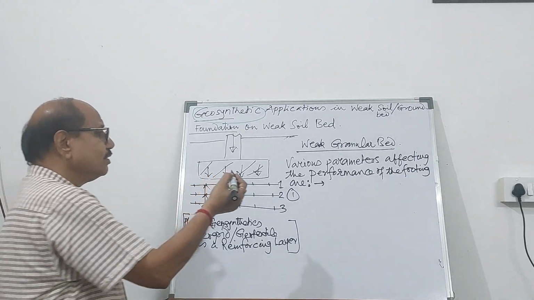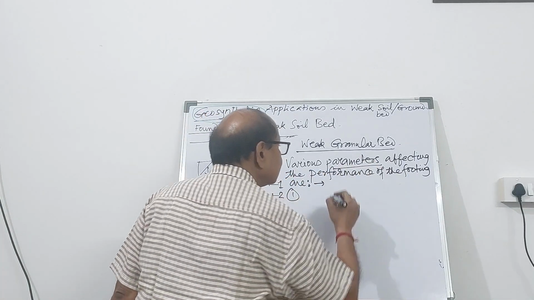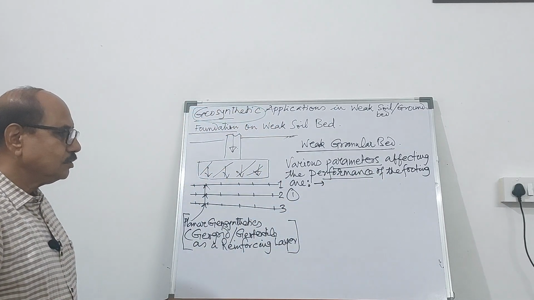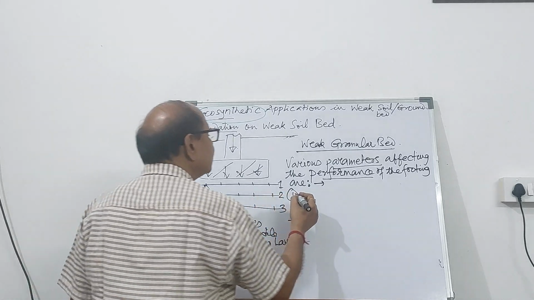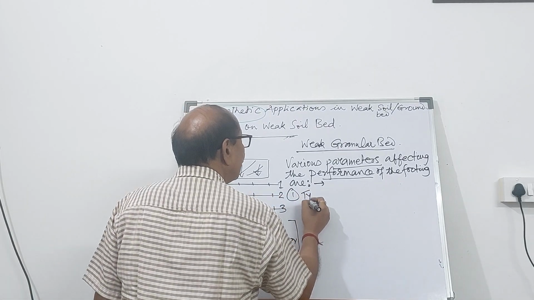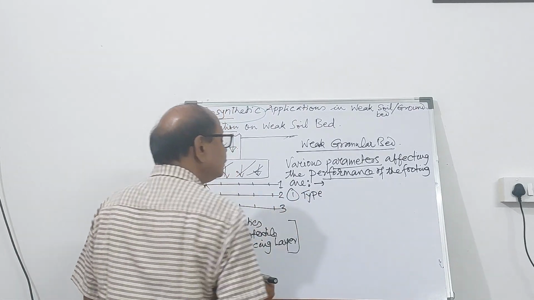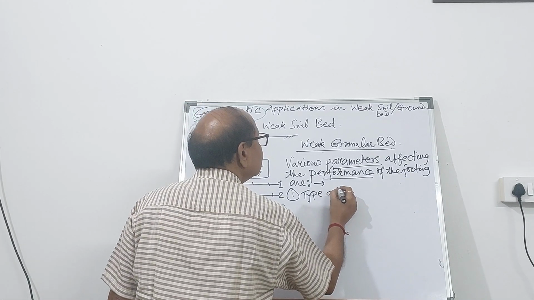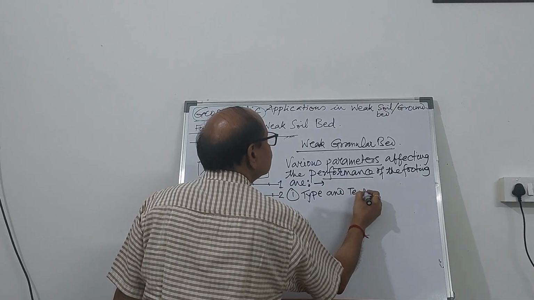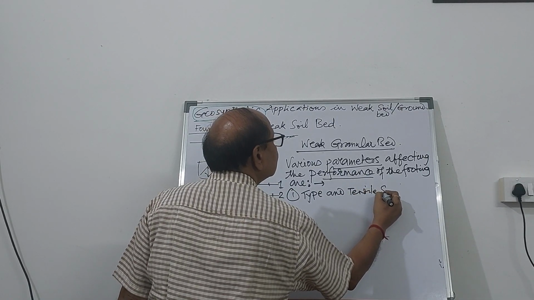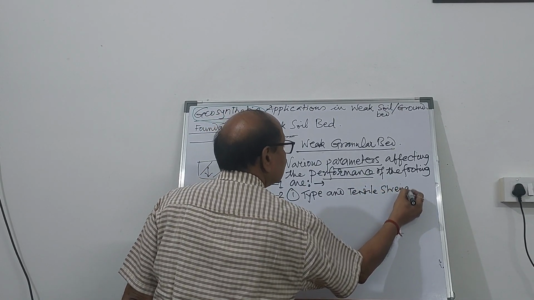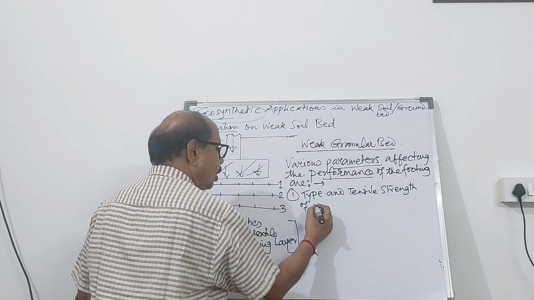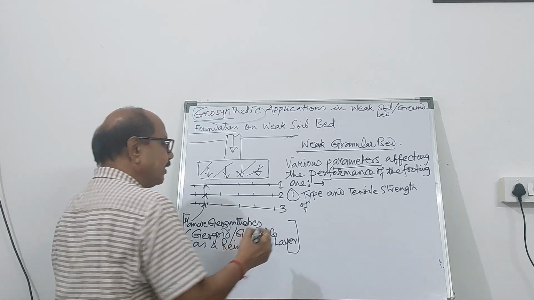So what are the various parameters affecting the performance of the footing? One is the type of the geosynthetic and the tensile strength of the geosynthetic material.